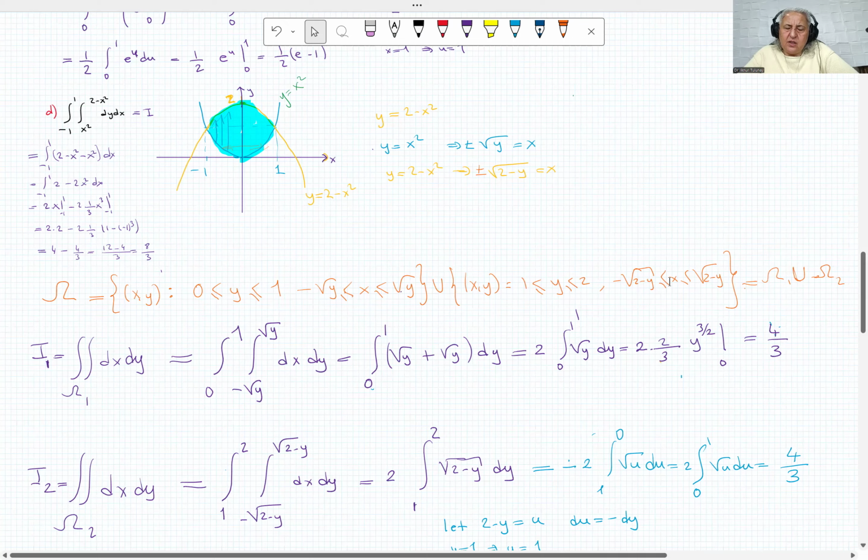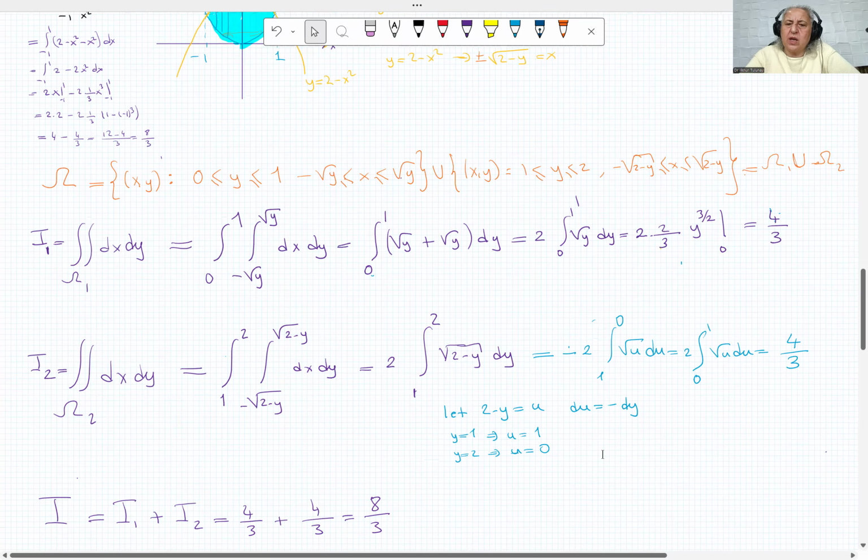Okay, and the second part from 1 to 2, with x from minus root 2 minus y to root 2 minus y. Again, the integral of dx is just x itself, upper bound minus lower bound. So we will have 2 times the square root as it happened here. And when we integrate again, we need to change the variable because this time we have 2 minus y.